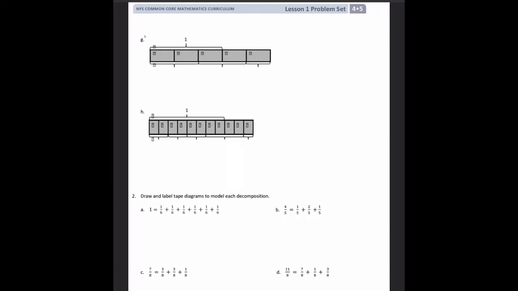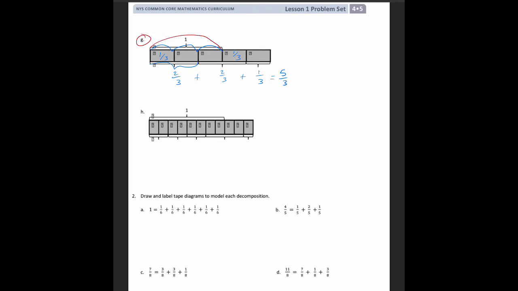Looking now at G, we have the thing again where we've got more than 1. This is the 1 part. So I've got 1, 2, 3 jumps to make 1. So these are all thirds. Even these guys that are past, they're all thirds. So looks like 2/3 and another 2/3 and 1/3. And altogether this is 5/3.